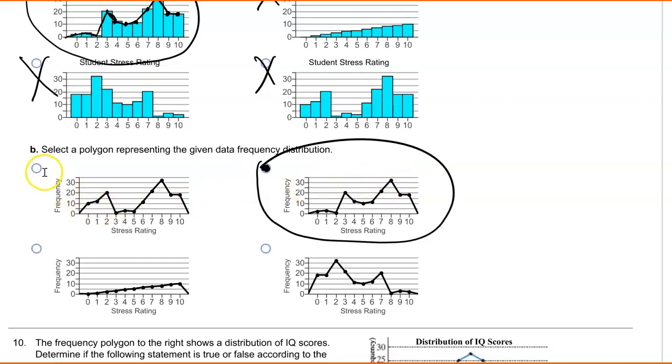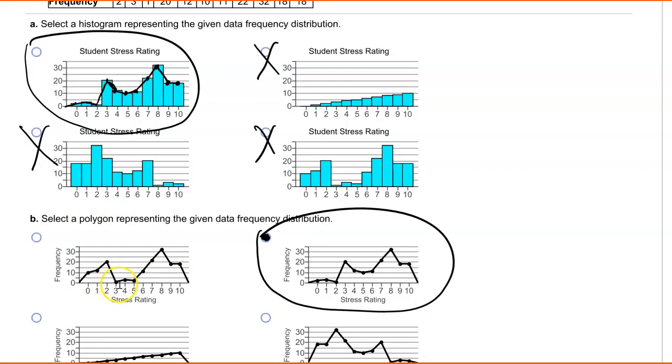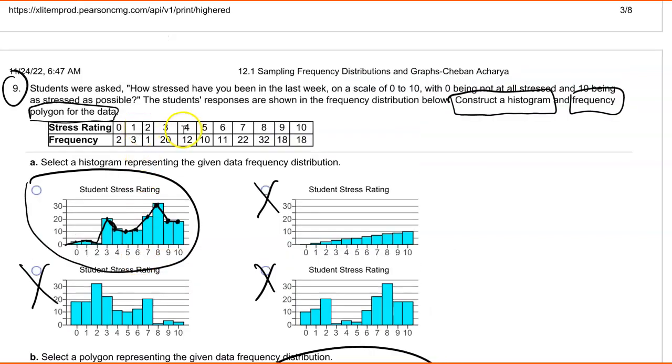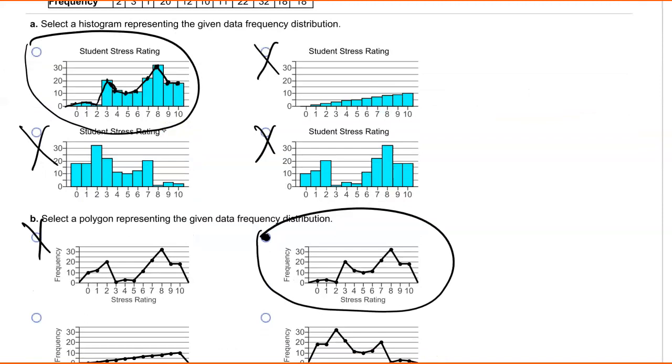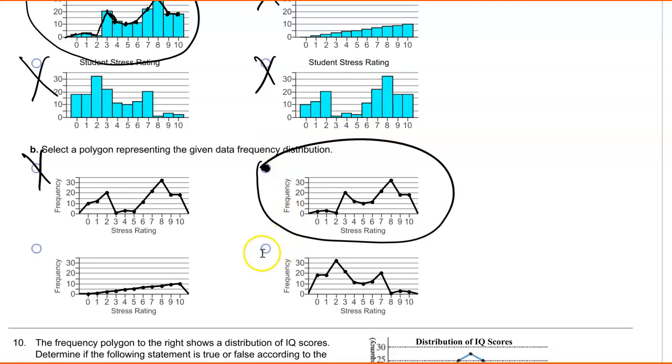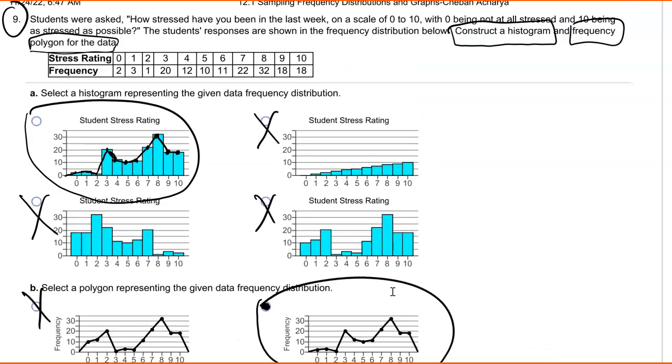But this part is incorrect, because look at the first, for 3, stress level is 0, right? But here it's 20. That's not correct. Again, this D is not correct, because for 8, stress level is 0 on this frequency polygon.